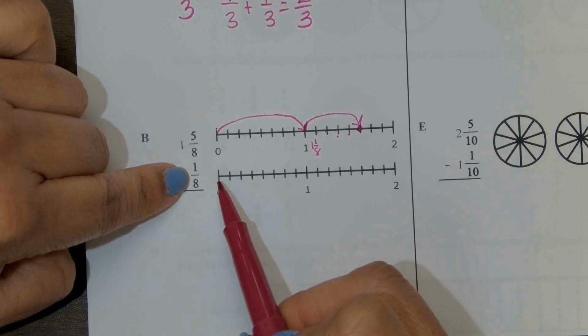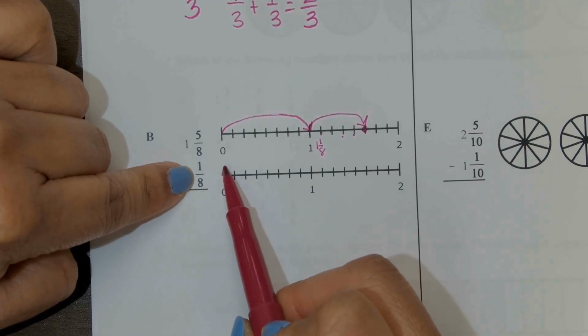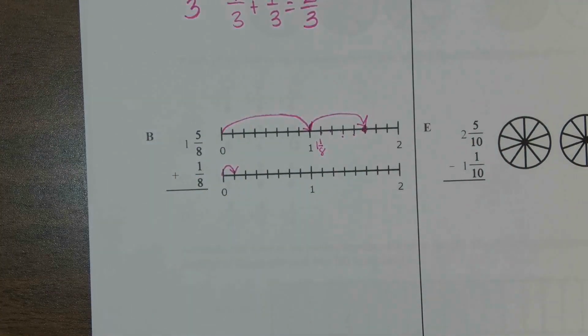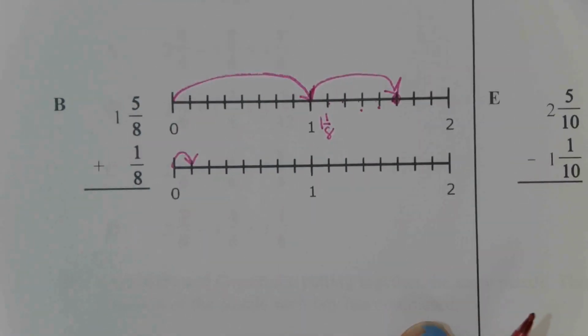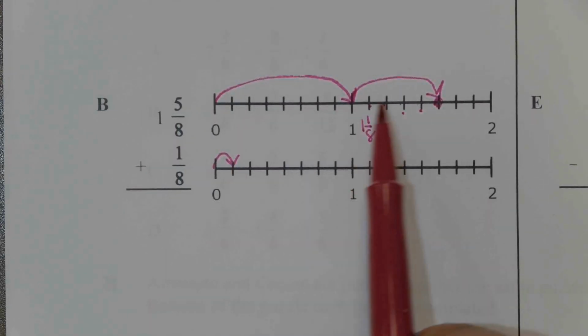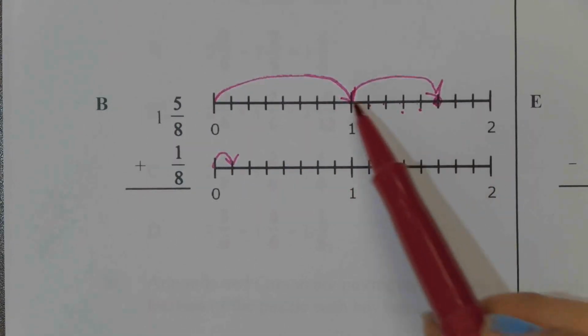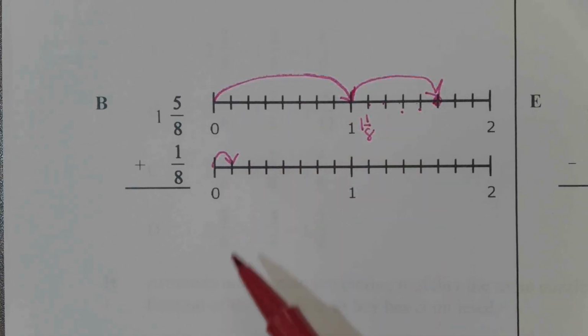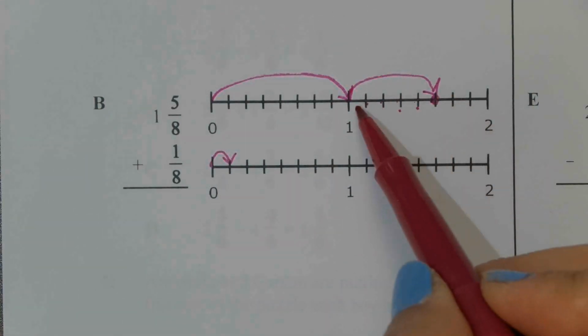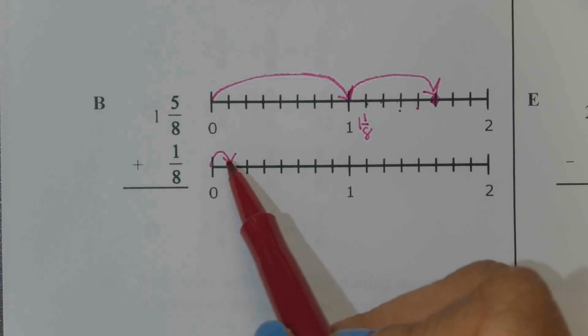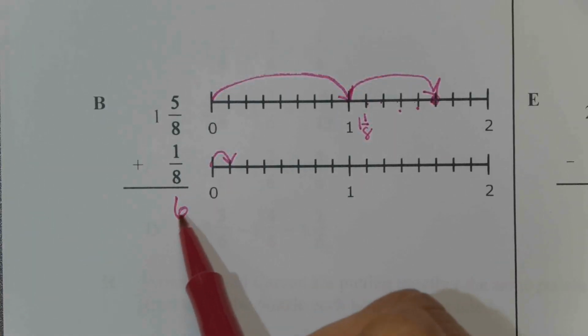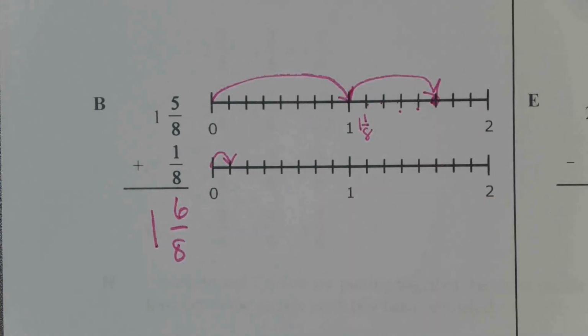Plus 1/8. So on our second number line, we add 1/8. So 1 and 5/8 plus 1/8 equals 1 and 6/8. So to this 5/8, we add 1/8. So 5/8 plus 1/8 equals 6/8 and 1 whole, 1 and 6/8.